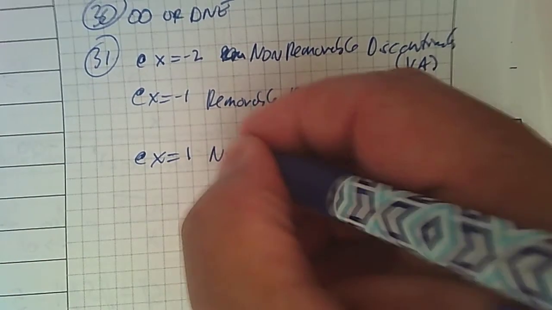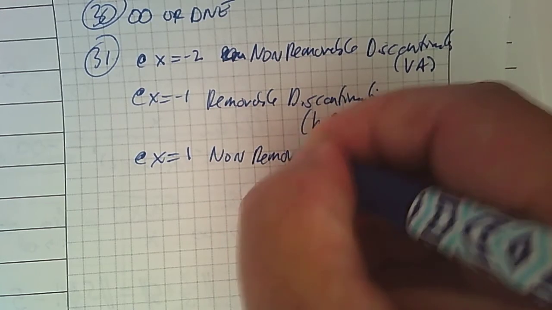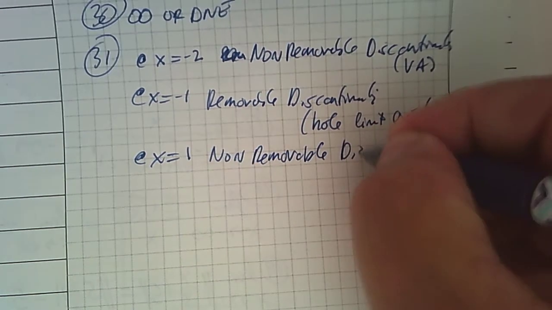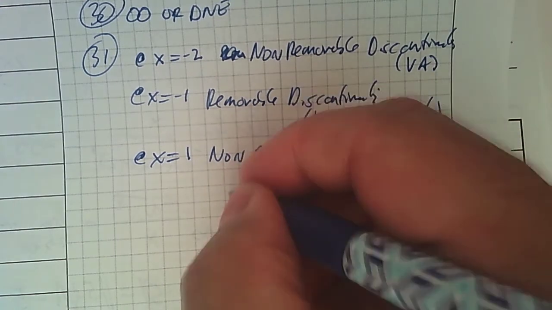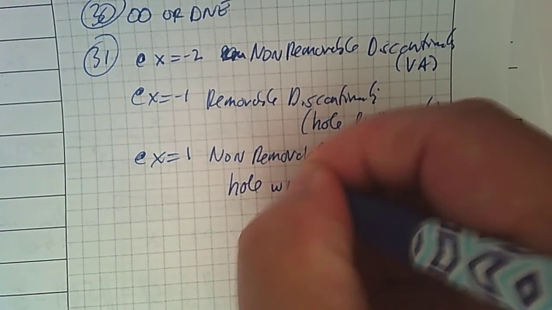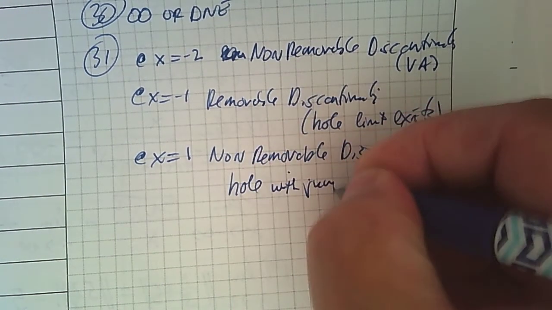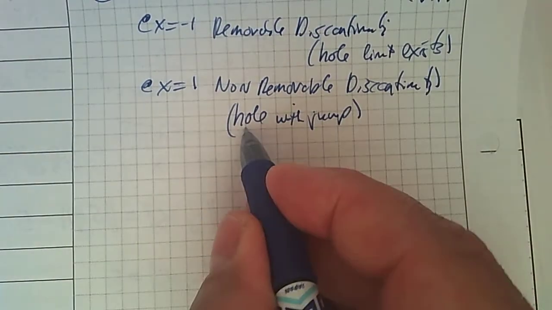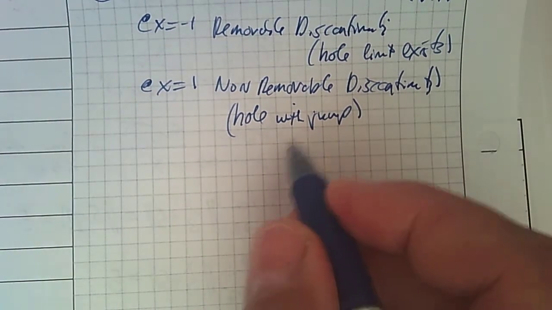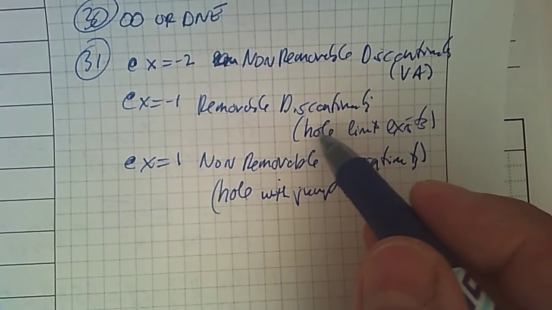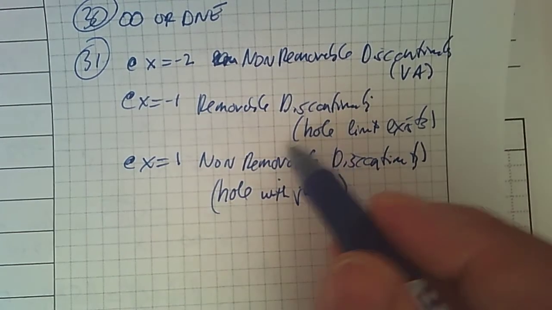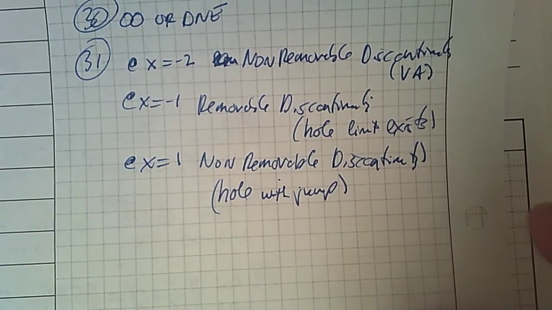That means there is a non-removable discontinuity. So in this case, we have a hole with a jump. That's why it doesn't exist. For the middle one here, the limit existed because the left and the right both agreed what it was approaching.